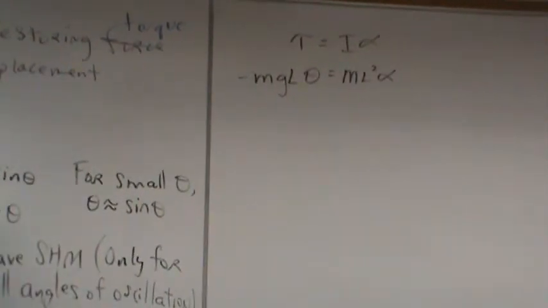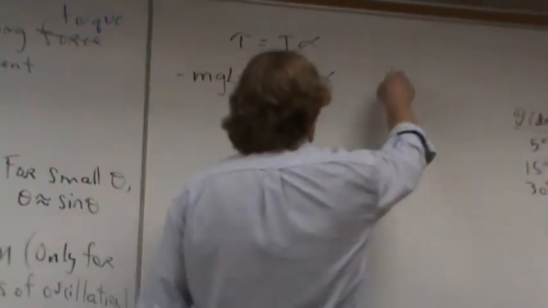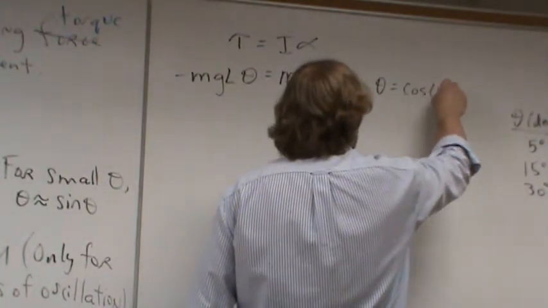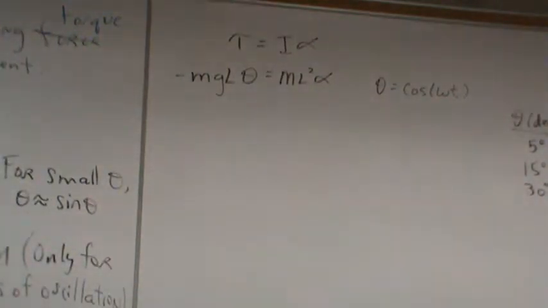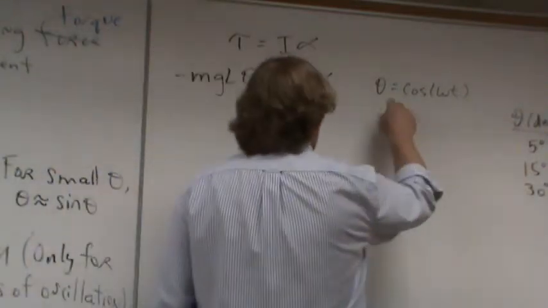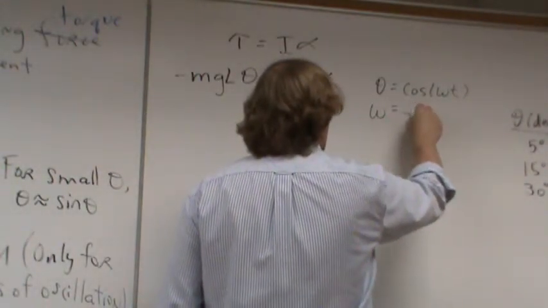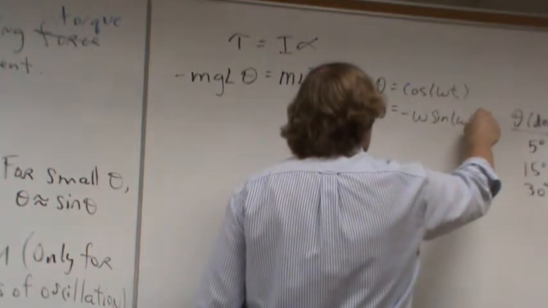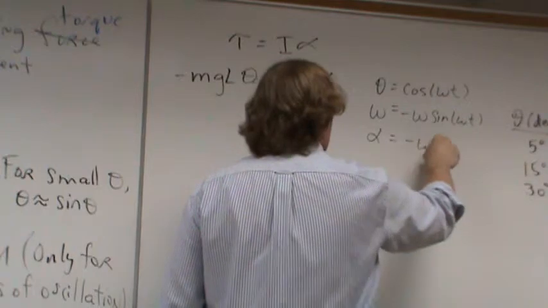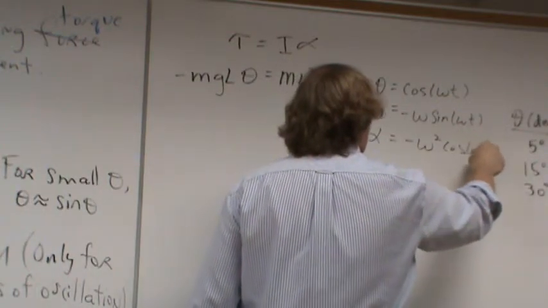And now that I've hopefully convinced you all that this is simple harmonic motion, that means I get to relate theta, the angular displacement, the angular velocity, and the angular acceleration with the cosine omega t, because it follows circular motion. So theta equals cosine omega t, omega equals negative omega sine of omega t, and then alpha is going to equal negative omega squared cosine of omega t.